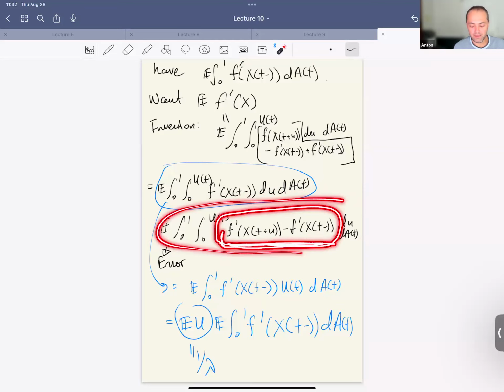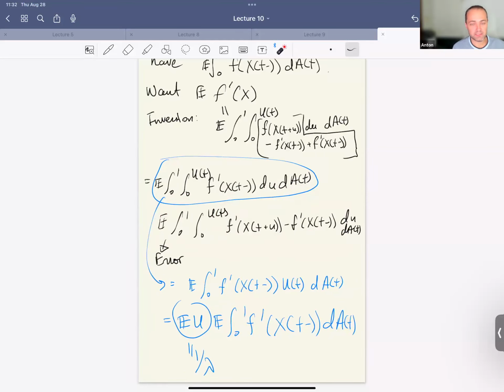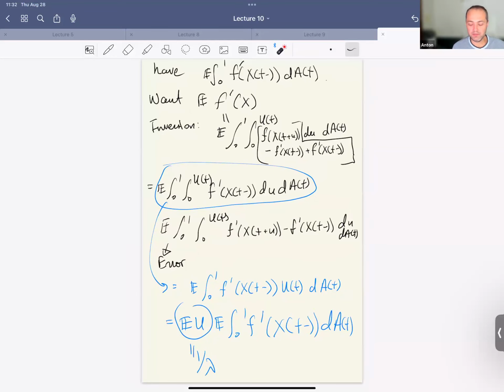So in fact, this thing is a second order term plus error. You're going to need to apply the inversion formula to that one more time, and then you write the second order term as a time average plus a third order error.